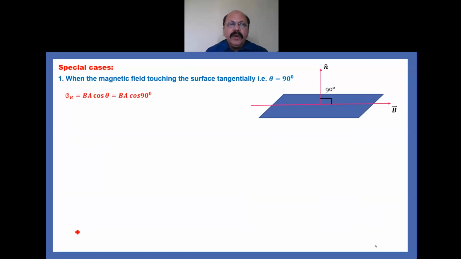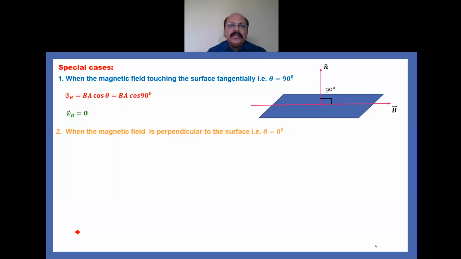Then apply the formula phi B equal to BA cos theta, that is BA cos 90 degrees. Cos 90 is 0, so phi B equal to 0. So obviously no magnetic field lines pass through the surface, means the magnetic field touches the surface tangentially. So that's why there is no magnetic flux.